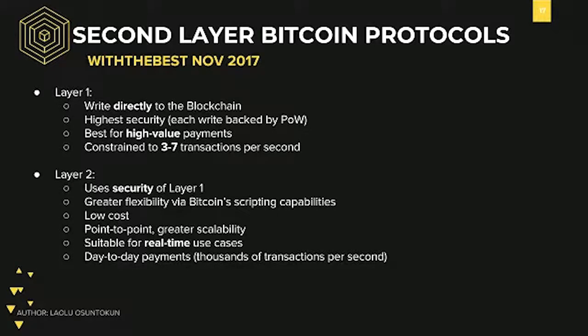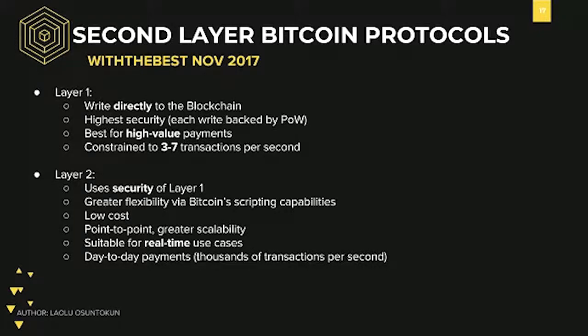So this works well for, basically think like your savings account, think like the very high value payments. If I want to send $10 million, I'm not going to mind a $20 transaction fee. But the limitation of this is that globally, we're constrained to 3 to 7 transactions per second, which is not really conducive to everyone being able to participate in this open financial network.